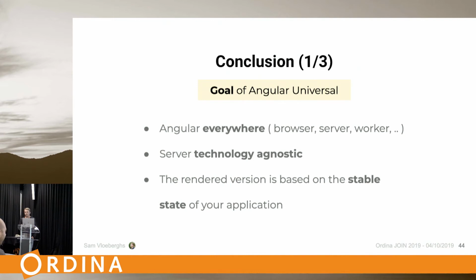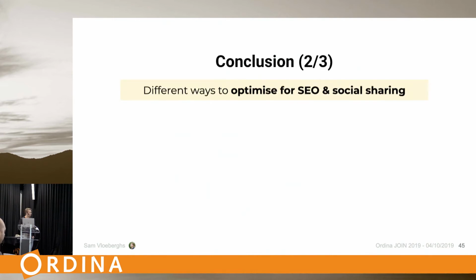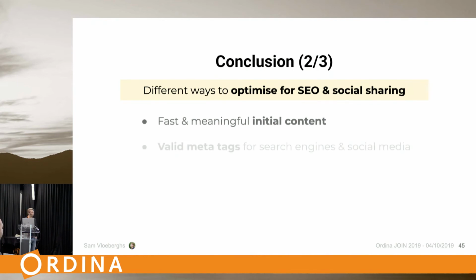That means that Angular is capable of detecting when your application should be rendered. There are different ways to optimize for search engine optimization and social sharing. It gives your visitors and, of course, search engines a fast and meaningful initial content. And you can put valid meta tags for all social media platforms to be able to pre-render or preview the link that you're sharing on those platforms.